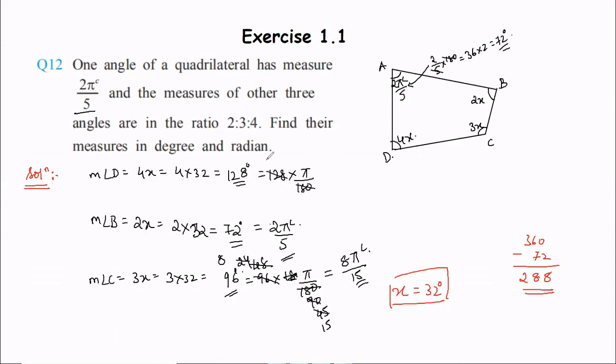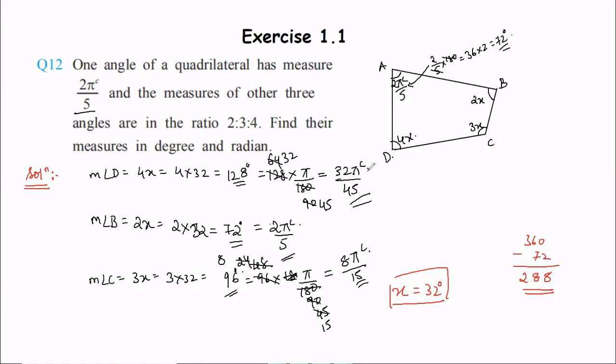Cancel it: 64 over 90, then 32 over 45. Can we cancel it further? No, I don't think so. So 32 pi by 45 is the answer in terms of radians for angle D. So that's the answer for all the angles.